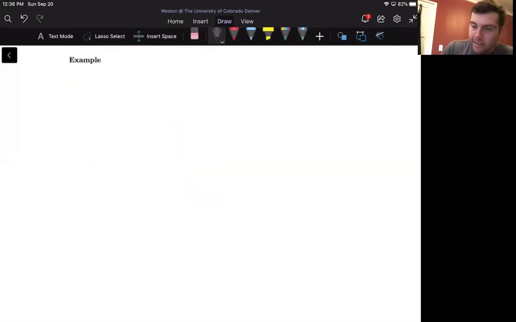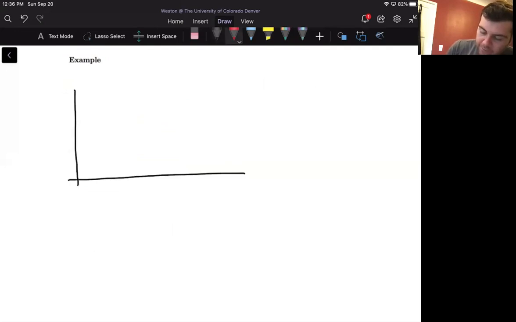And so as an example, here we're just going to draw a graph. One problem that we might see in classes or homework or on an exam is a graph that looks like this. It'll have some points labeled.